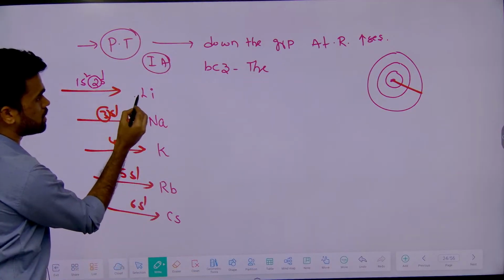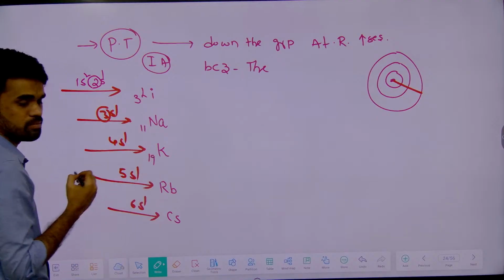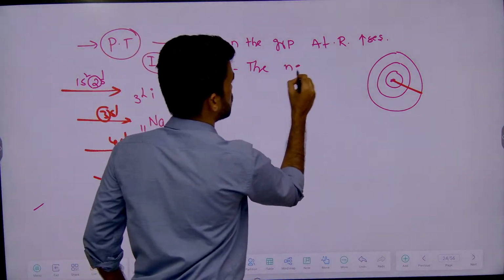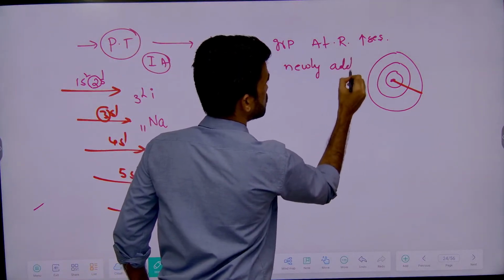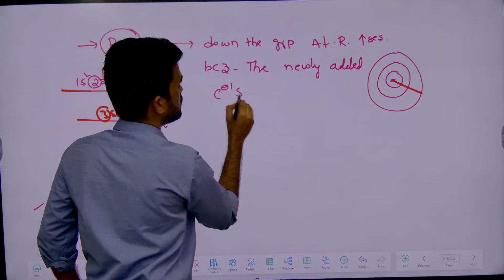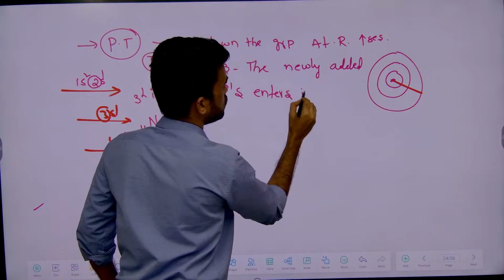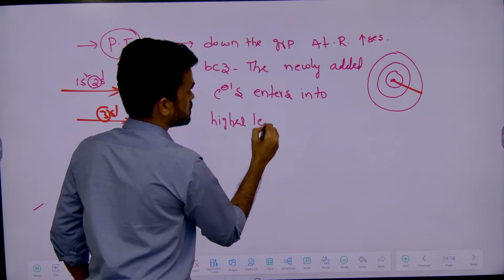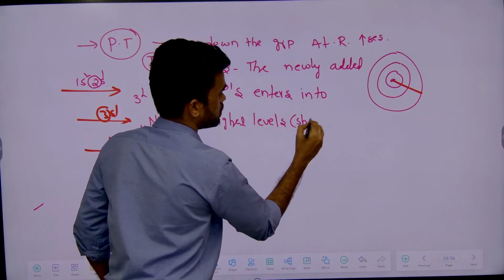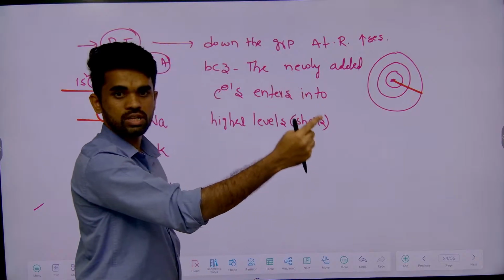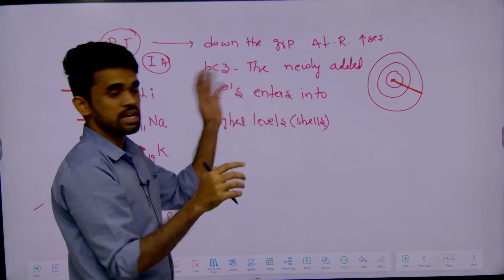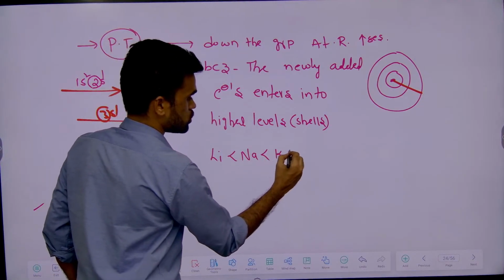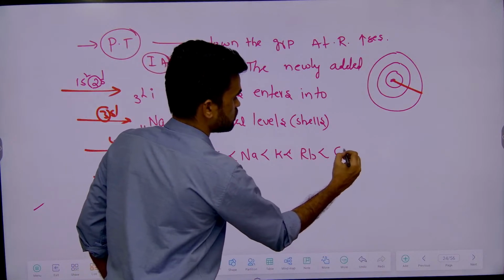See, the atomic numbers here are 3, 11, 19, so whatever increase in number we see, those newly added electrons enter into higher energy levels or shells. Therefore the distance from the nucleus to that shell increases, and therefore size also increases. So lithium is less than sodium, less than potassium, rubidium, and the highest is cesium.